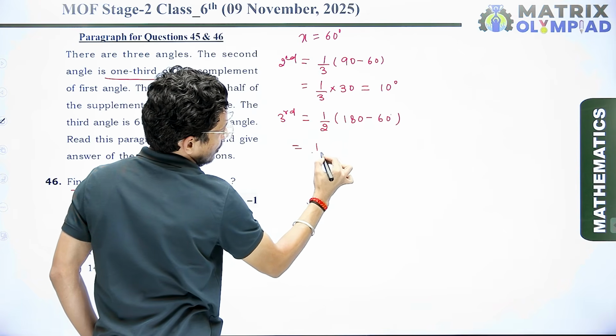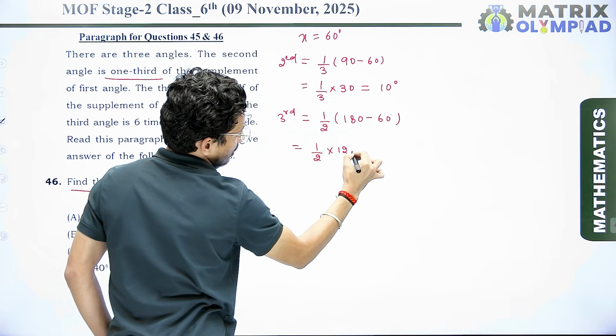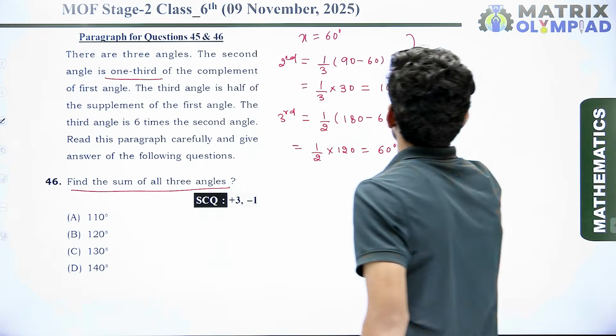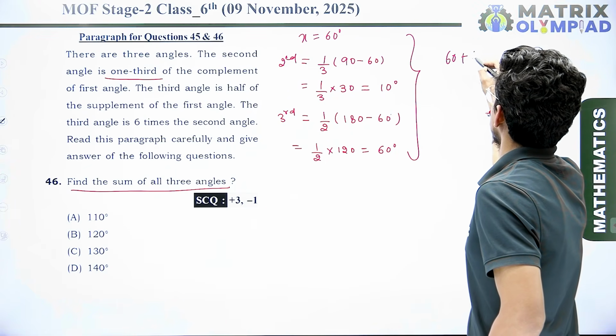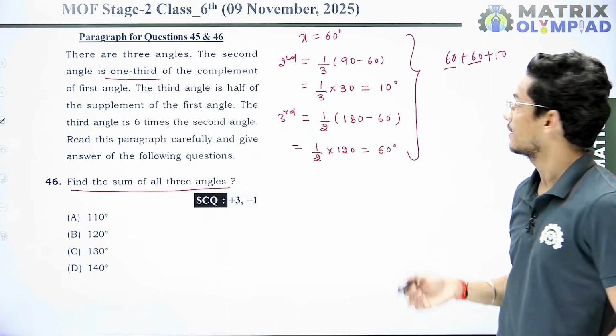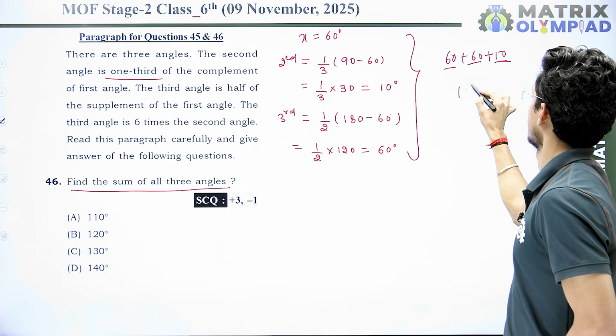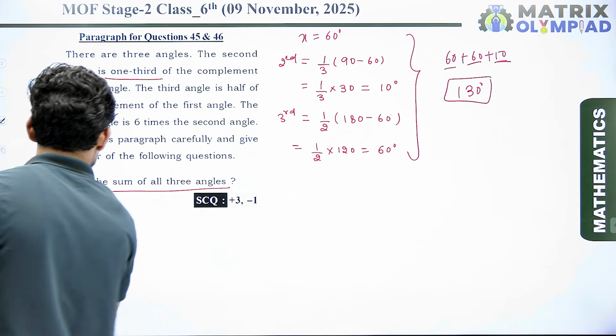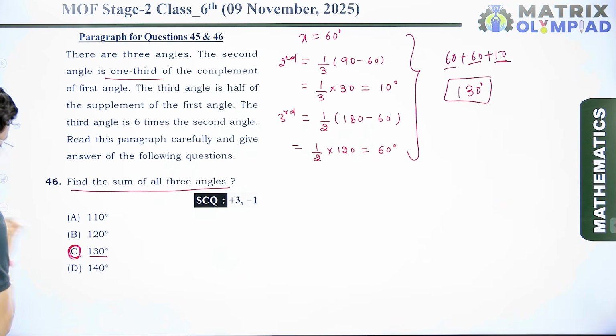So 1/2 multiplied by 120, which is 60 degree. So for the sum, 60 plus 60 is 120, 120 plus 10 is 130 degree. So the sum of the 3 angles is 130 degree. It means option number C is the correct answer.